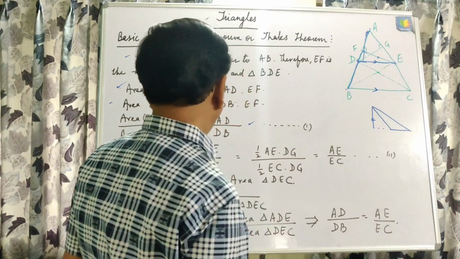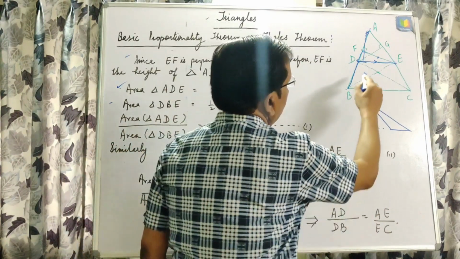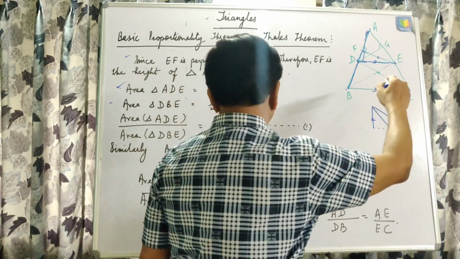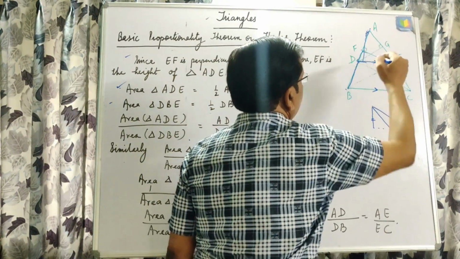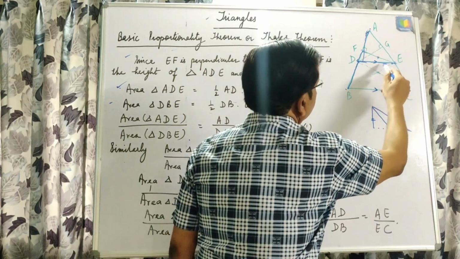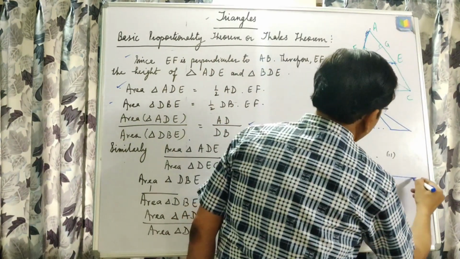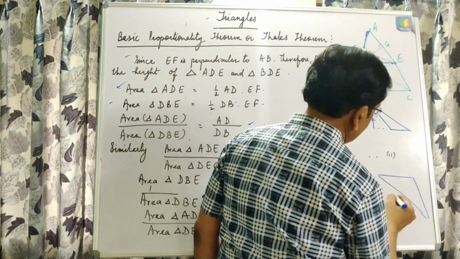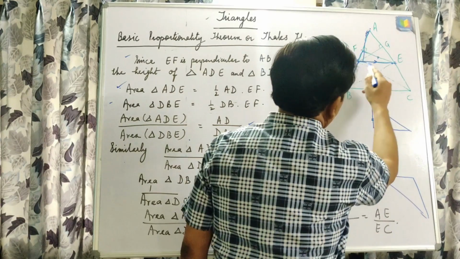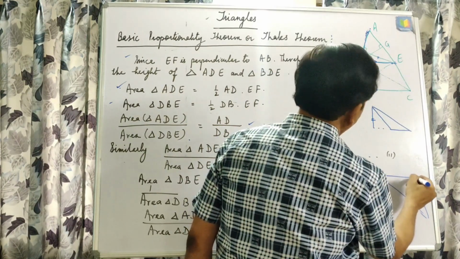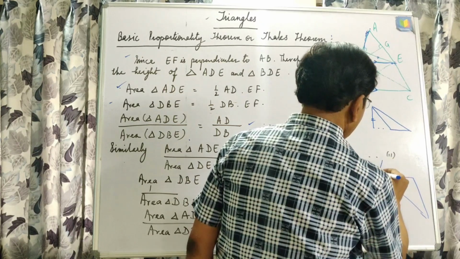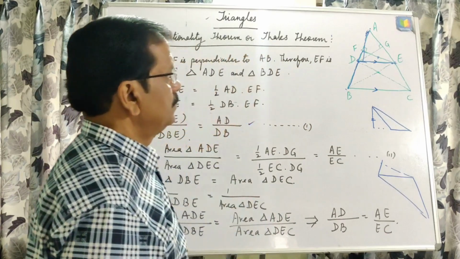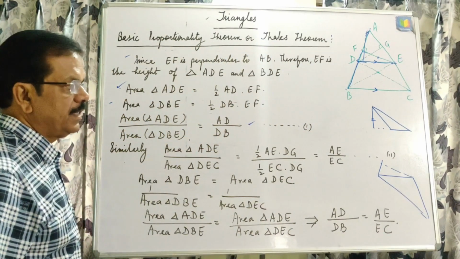Again, following the same way, area of triangle ADE means half, taking this as base, AD into this value EF, and in this case again you can see this triangle, and this will be the height of this triangle.